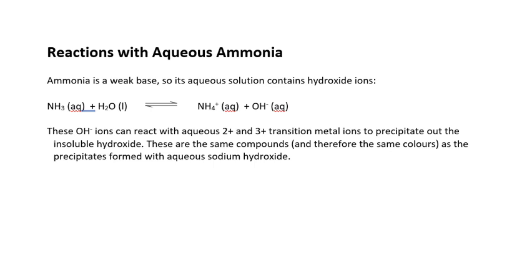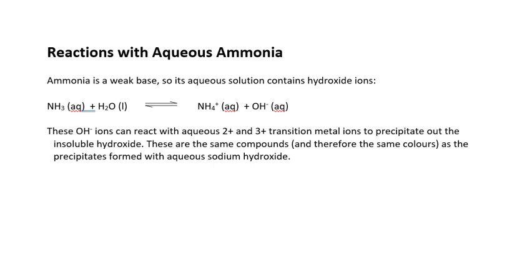But the complication is that ammonia is also a good ligand, so it has a lone pair on that nitrogen, which instead of just acting as a donor to H+ to form the ammonium ion, could be used to form a dative covalent bond to a metal ion. And the consequence of that is that you get these two processes.